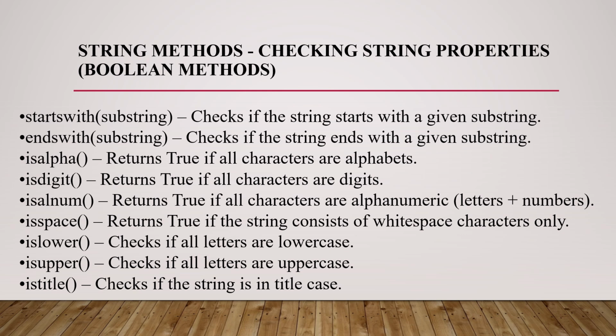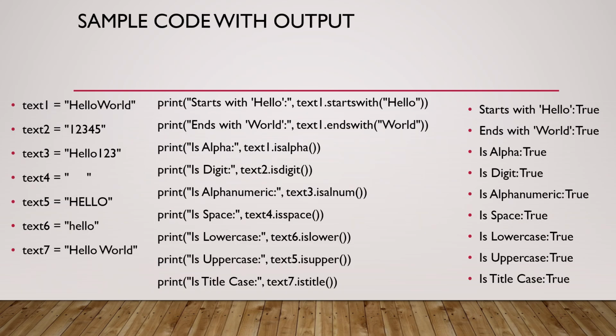Isspace returns true if the string consists of whitespace characters, and islower checks if all the characters are in lowercase. The isupper method checks if all the letters are in uppercase, and istitle checks whether the string is in title case or not. So the sample given over here is used to check the properties of the given string.